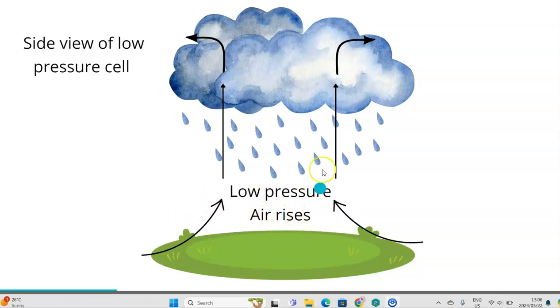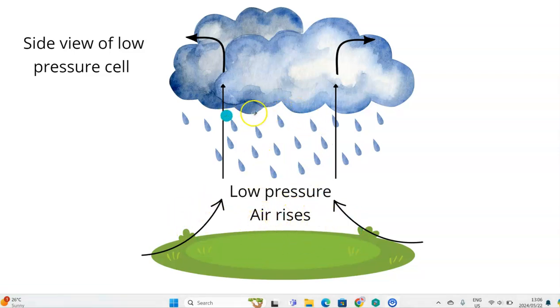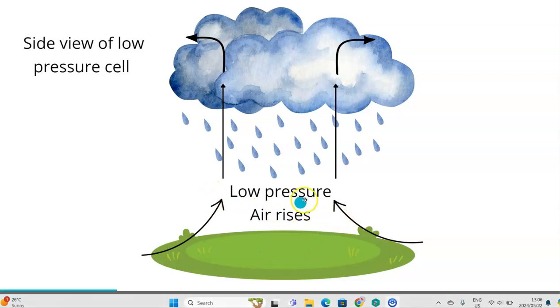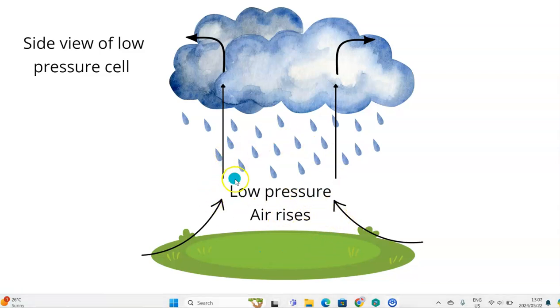So warm air rises, and then once it starts to reach dew point, you're going to have condensation taking place, formation of clouds, and then you're going to have rain. Alright, so yet again, the converging winds blow in here from the bottom, and the air moves upwards until it reaches dew point, where it's condensation, formation of clouds, and therefore rain.